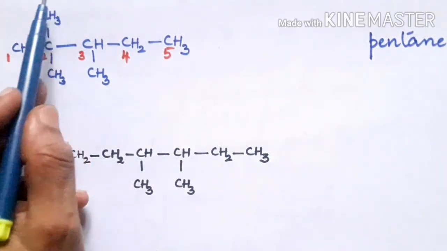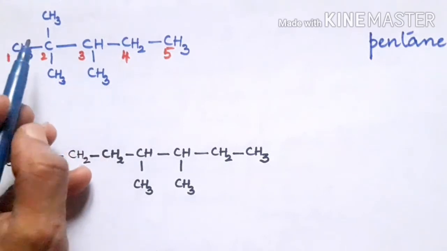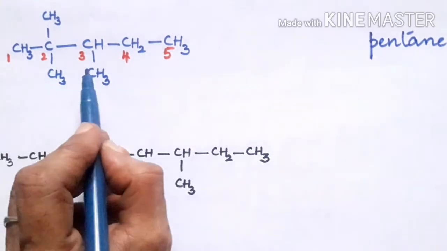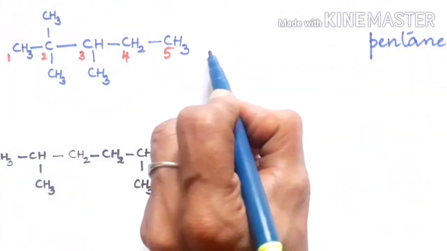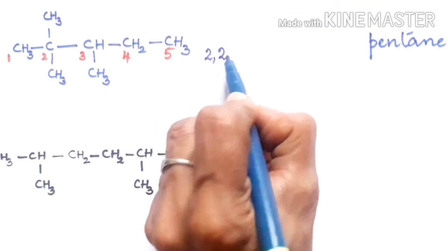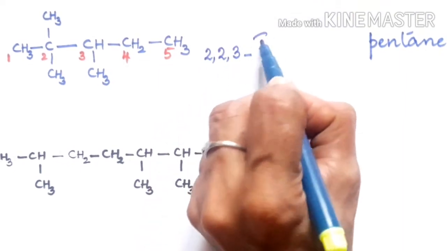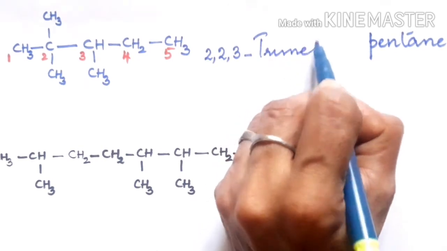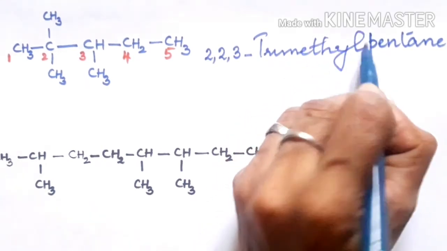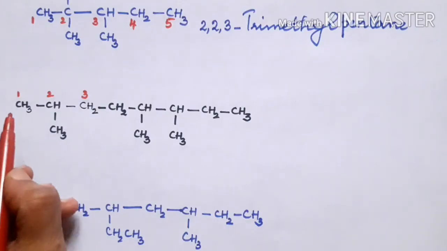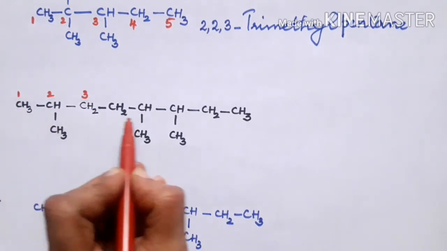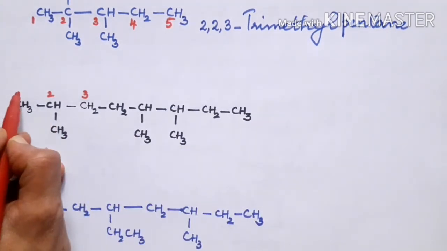The substituents are methyl groups. At which all positions? Second position and third position. So the numbering should be 2, 2, 3. Trimethyl pentane.